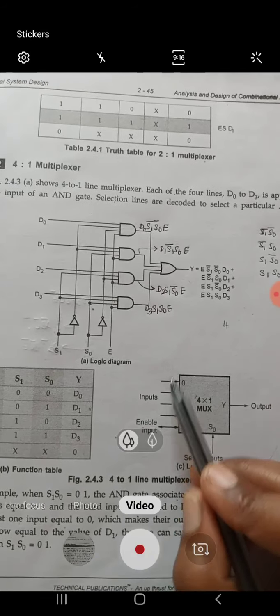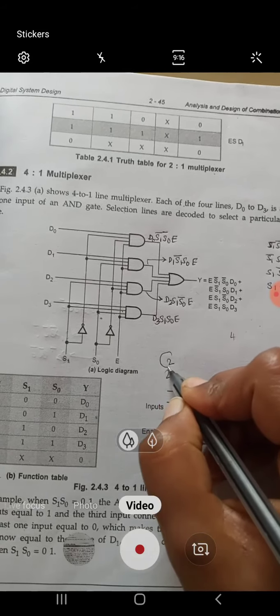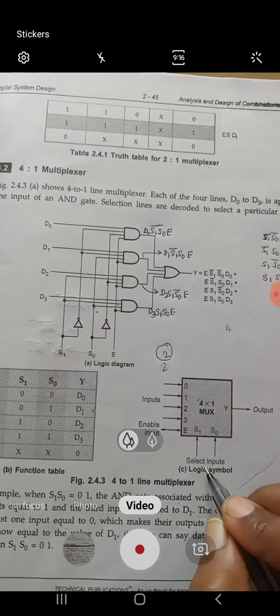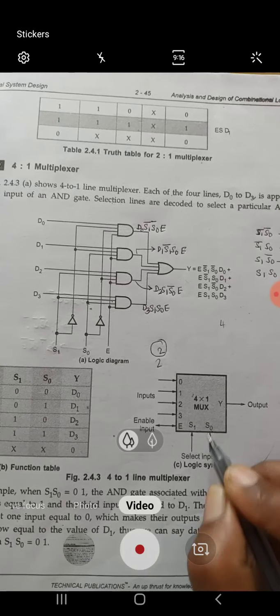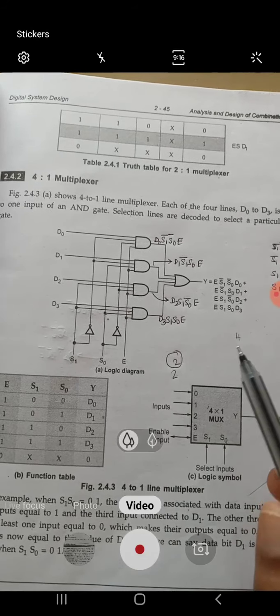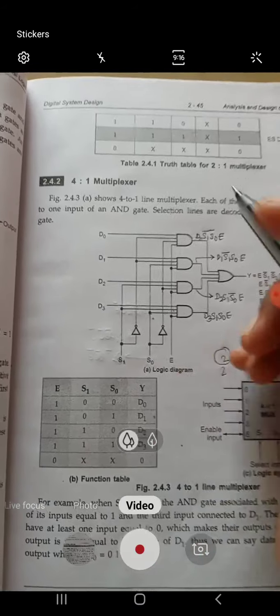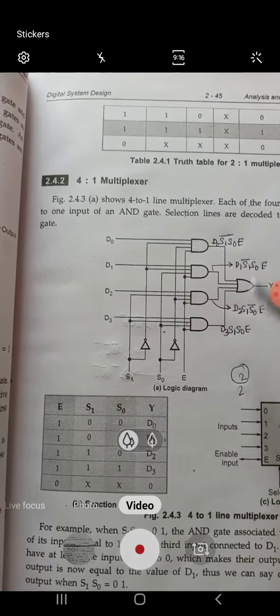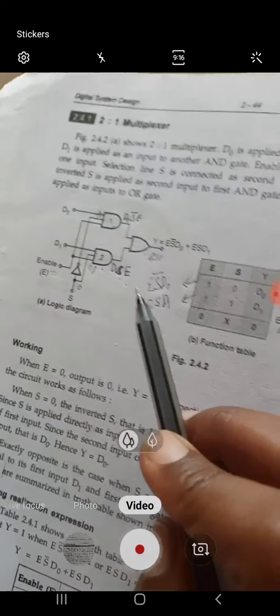So n is 2, 4 means 2 raised to 2, right? So how many select lines do you have? You have 2 select lines. I have written 2 select lines over here, that is S0 and S1. So this is the configuration of a 4:1 multiplexer. This is the logical diagram over here. Here this diagram is for 2:1.